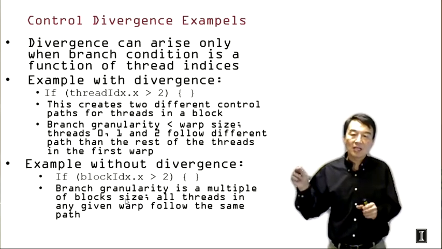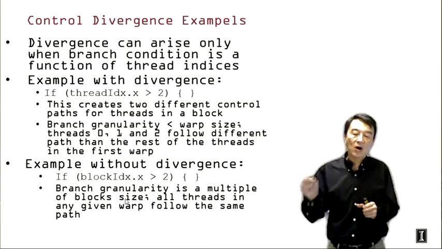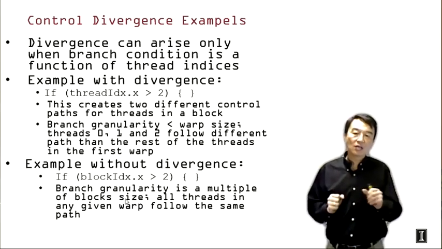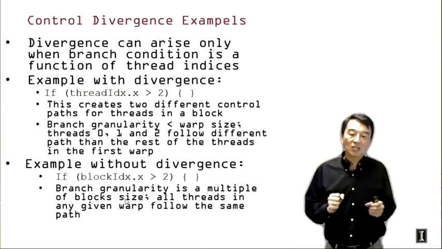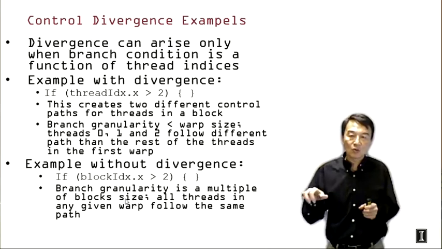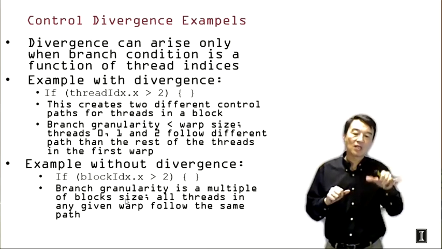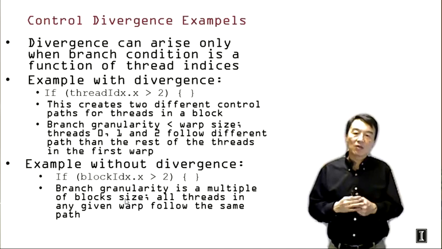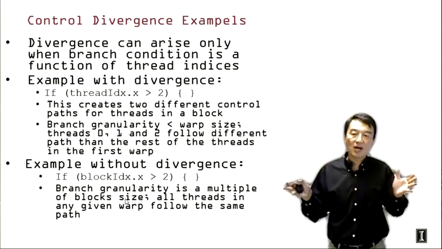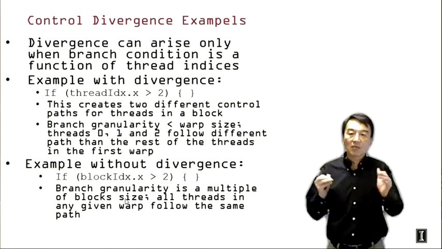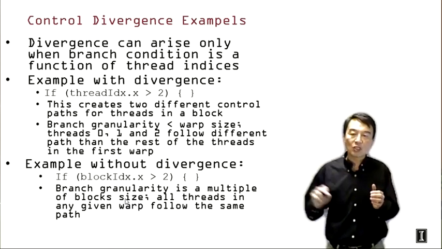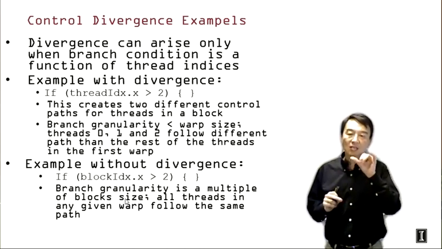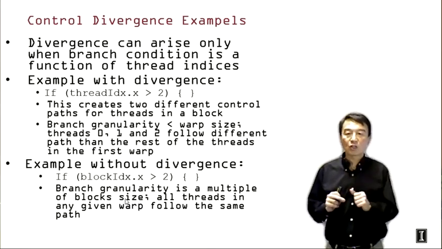One is all the threads with thread index equal to 0, 1, and 2. And the other group is thread index 3, 4, and beyond. So all the threads with thread index less than or equal to 2, and all the threads with thread index greater than 2. So for the first warp of that thread block, we will have control divergence, because the first three threads in the warp will want to go in one direction, and the other 29 threads in that warp will go in the other direction.